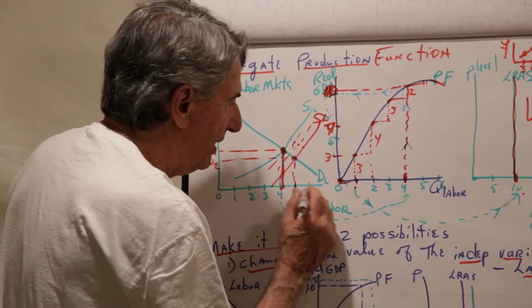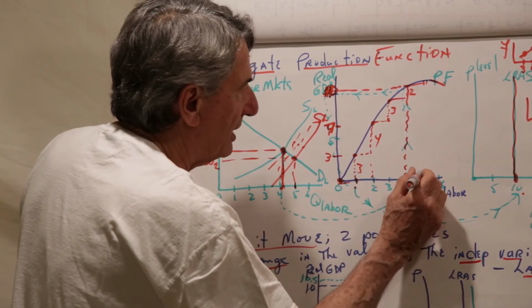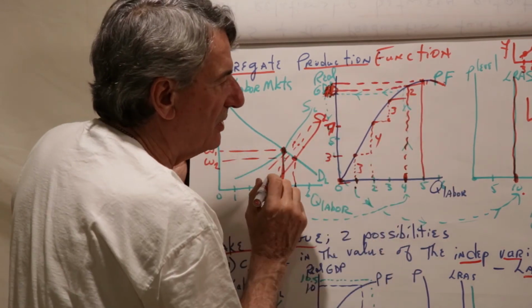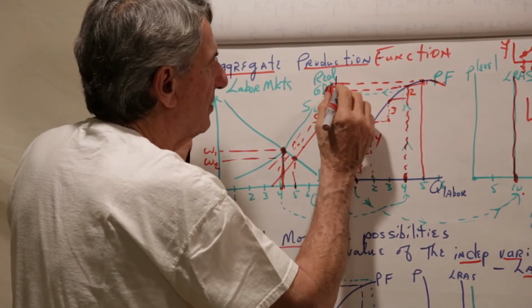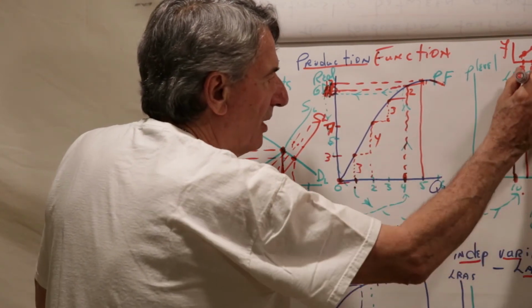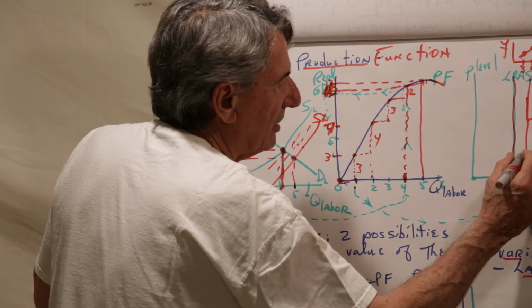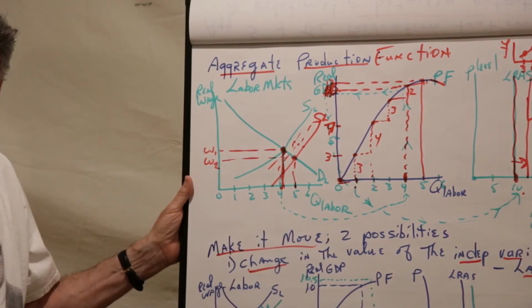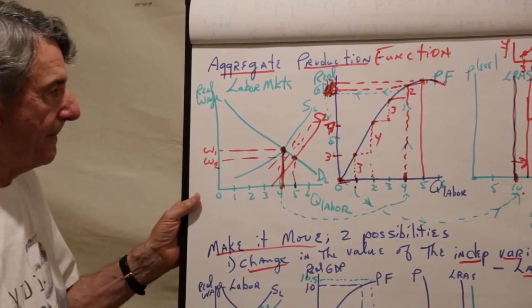When we plug this additional quantity of labor into our production function, look what happens. Our real GDP goes up from 10 to, we'll say, maybe 12. And that causes our long-run aggregate supply curve to shift to the right. When our long-run aggregate supply curve shifts to the right, that's economic growth.